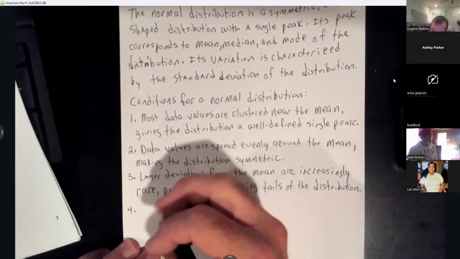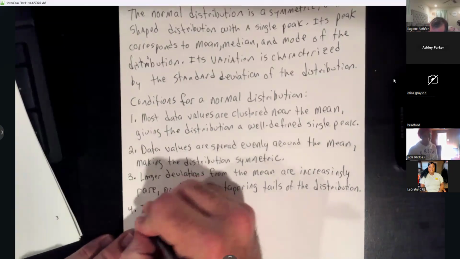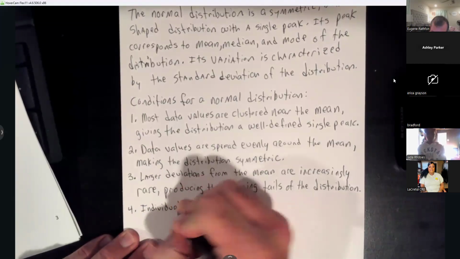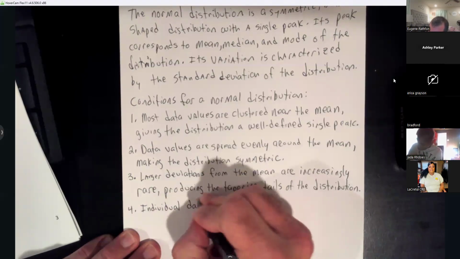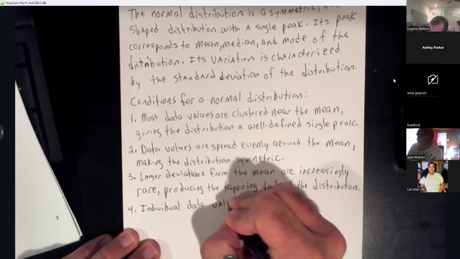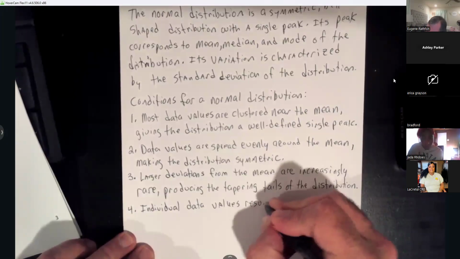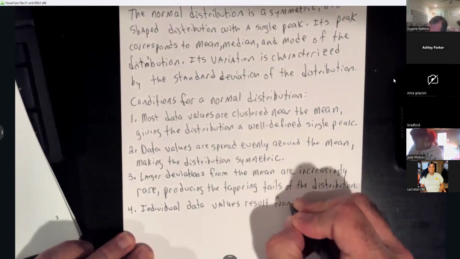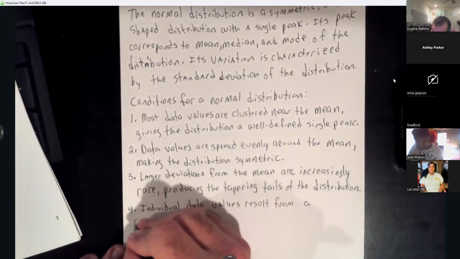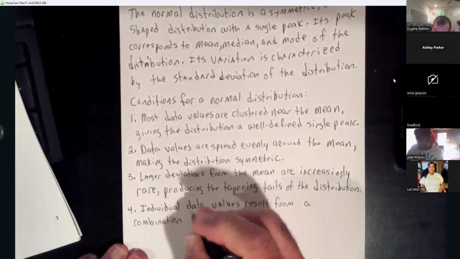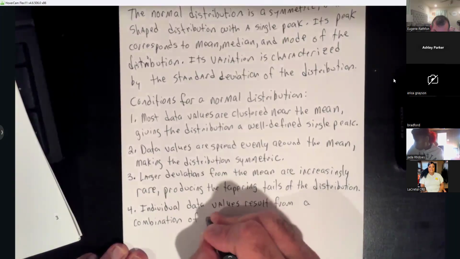All right, y'all, the last criteria, individual data values result from a combination of many different factors.